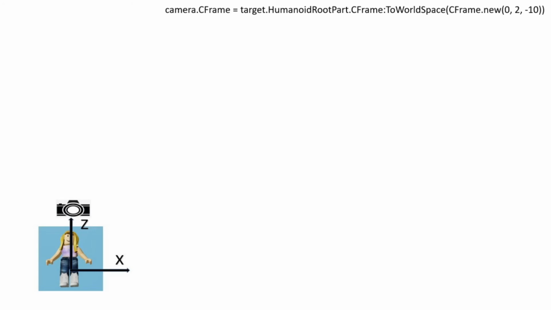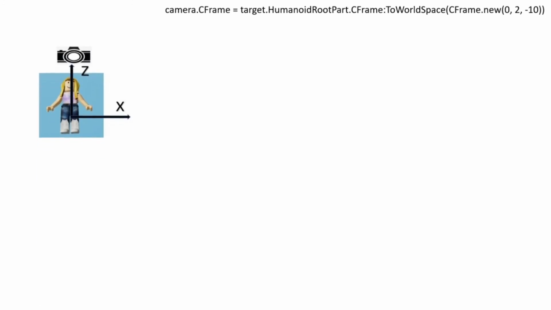This method ToWorldSpace is a great helper method in that it takes as an argument a coordinate frame which is relative to an origin, the part, or the coordinate frame that is being added to. So it considers this offset coming in to be the offset relative to this part here, and the z-axis is always going to be the z-axis from this part.